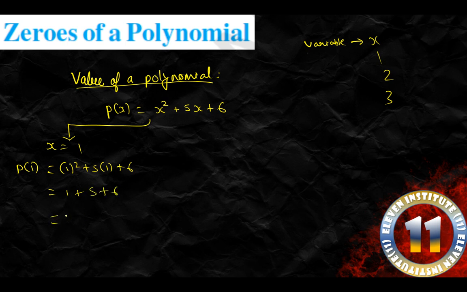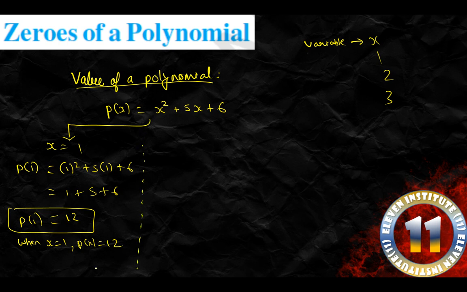So 1 plus 5 plus 6, the answer comes out to be 12. So when x is equal to 1, the polynomial becomes 12. I hope this is quite clear to you.